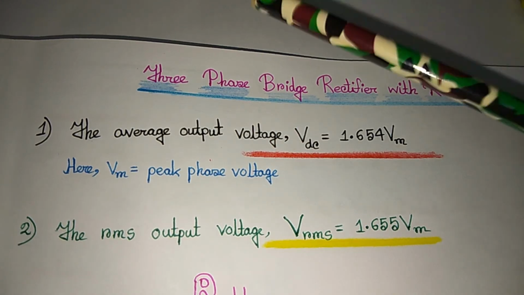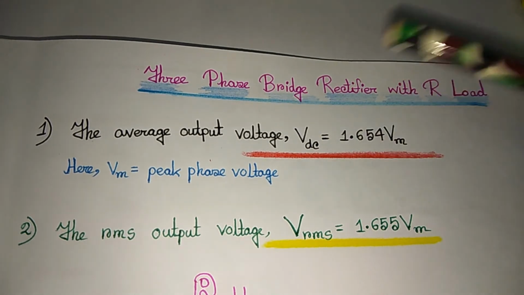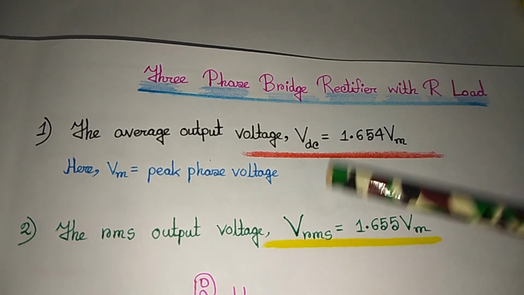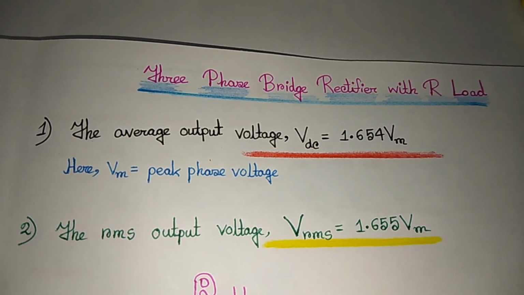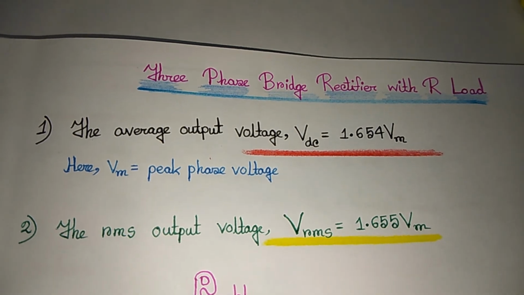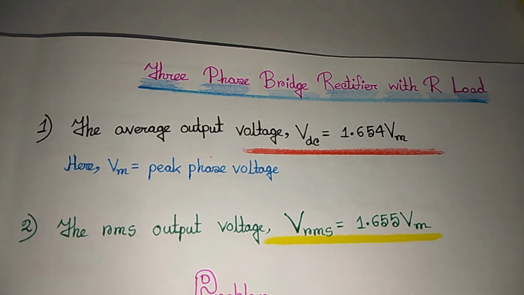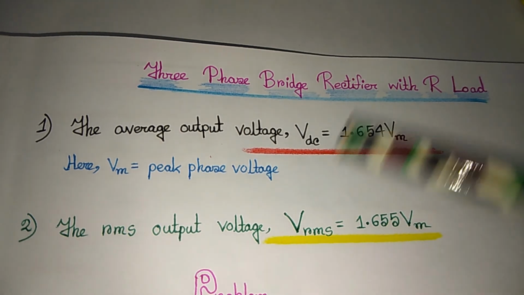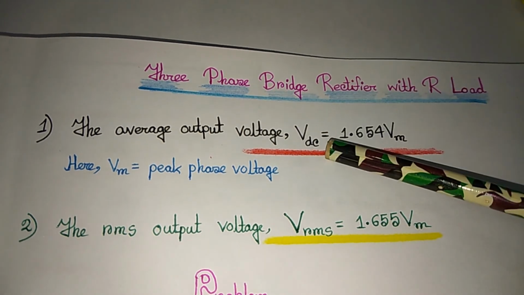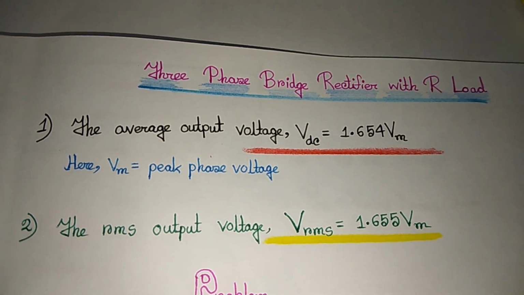In order to solve three-phase bridge rectifier with resistive load, these two formulas are really very important. And one more important thing, you have to remember that in a purely resistive circuit, voltage and current are in phase. So from these two equations, you can easily find IDC and IRMS.